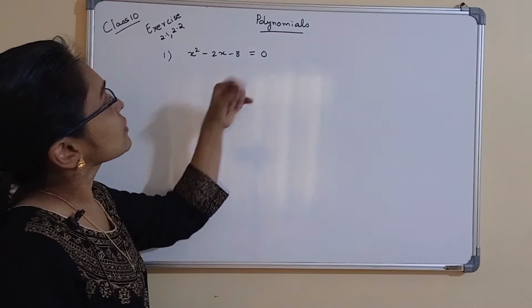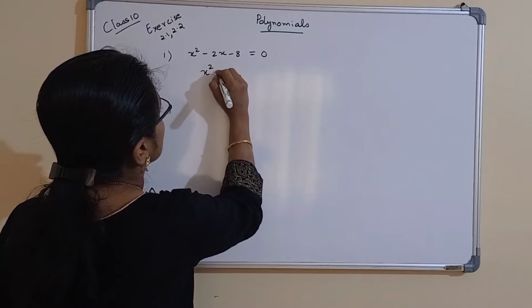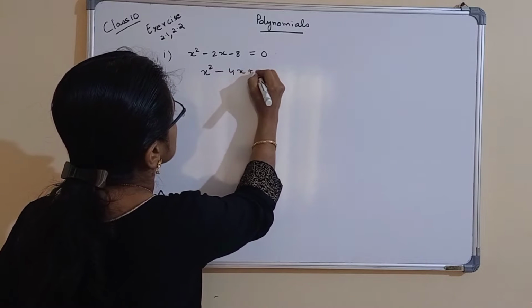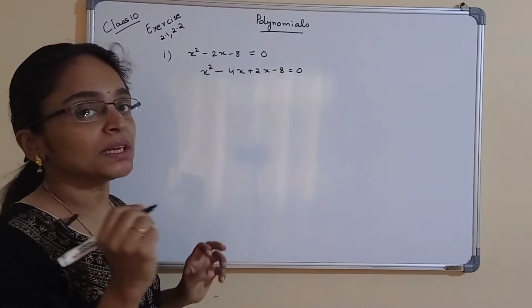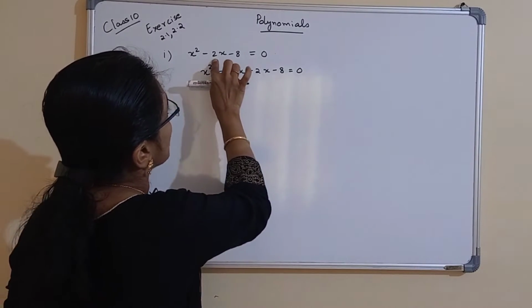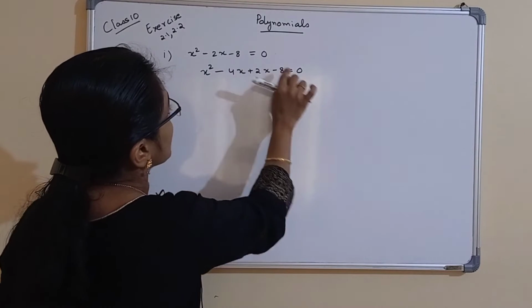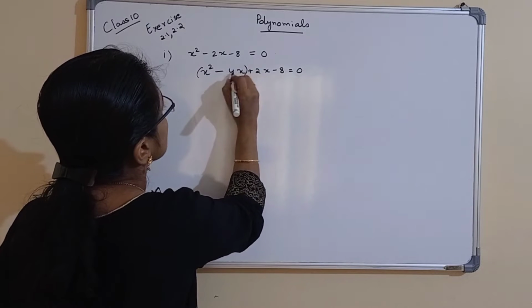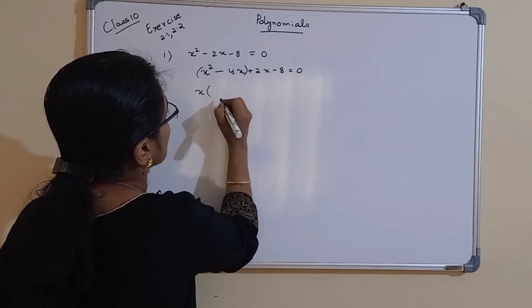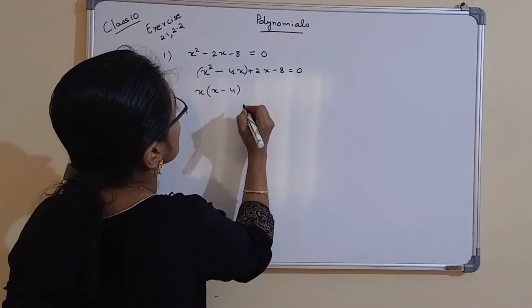So to find the zeros of this polynomial, we have to factorize this. This is equal to x square minus 4x plus 2x minus 8. That is, we are doing it by splitting the middle term. So we can write minus 2x as minus 4x plus 2x, then minus 8 equal to 0. We can take x out from these two terms, and we can write it as x minus 4 plus.